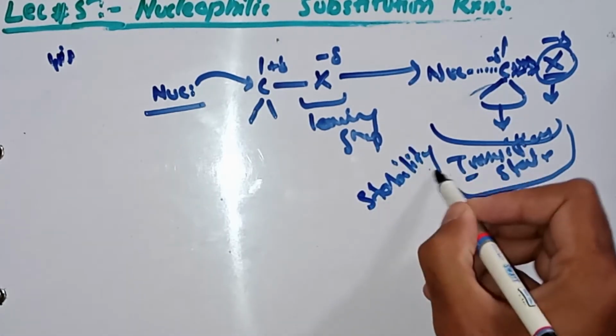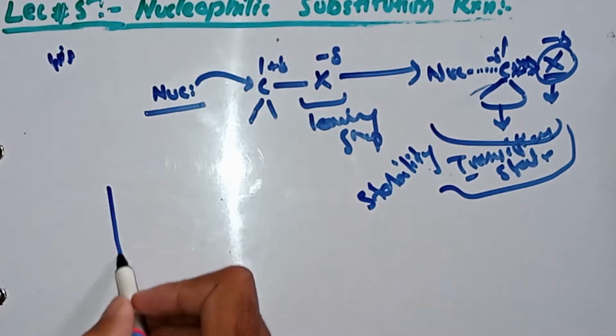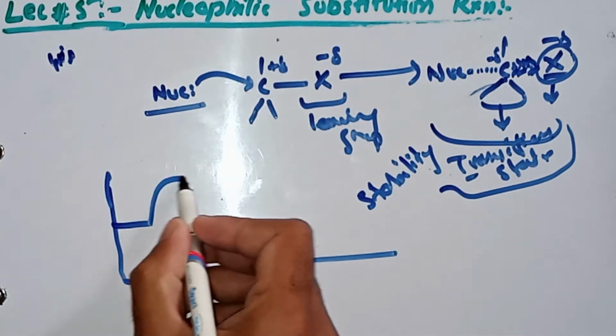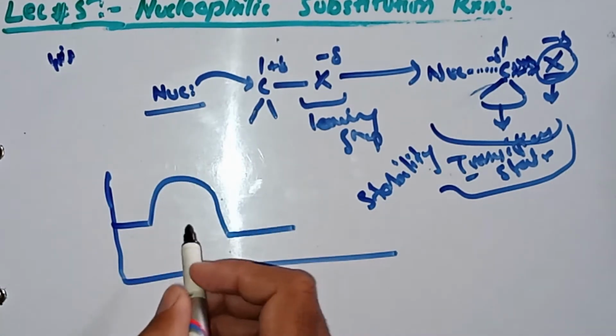As the stability increases, the energy diagram will look like this. Let's suppose this is energy, and this is the reaction direction, in the forward direction.